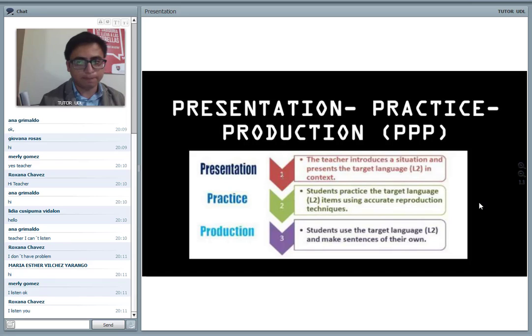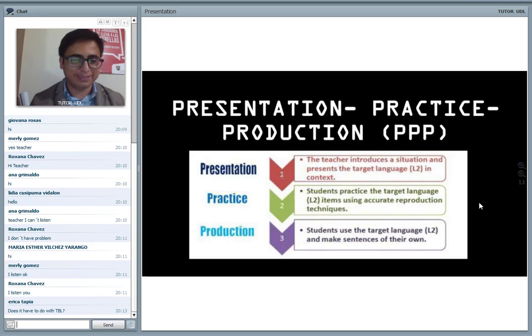Do you have any idea what it is about? This is a kind of approach that you can apply with your students when you want to teach them a new grammatical structure. Did you know anything about PPP or not?